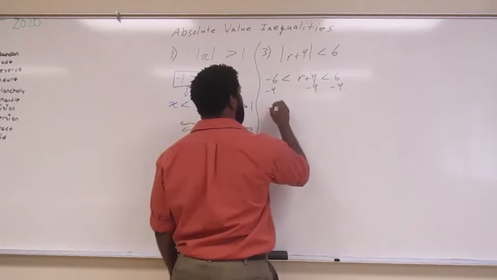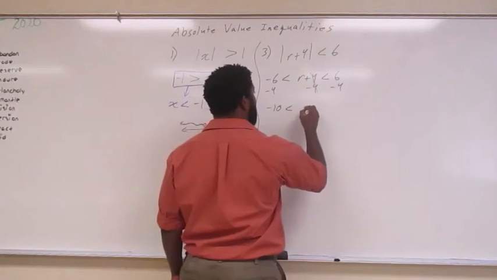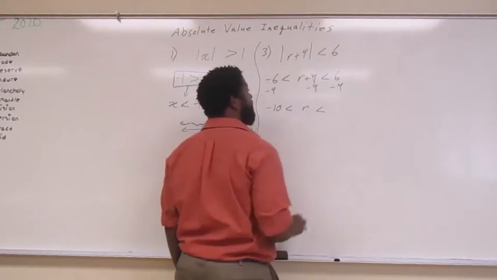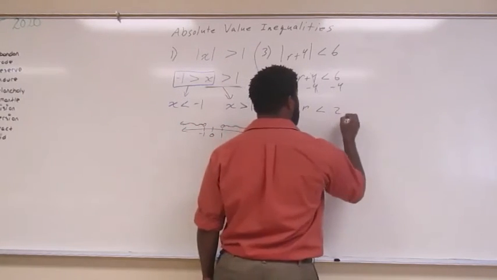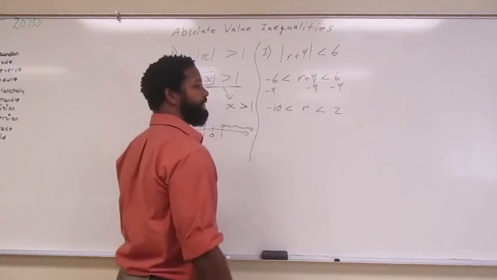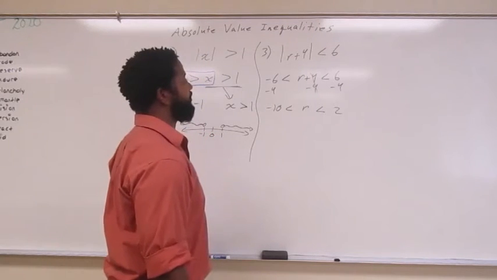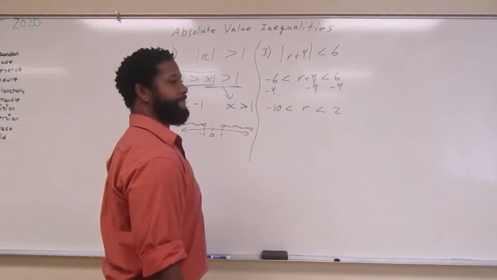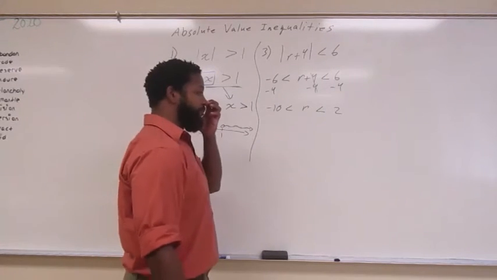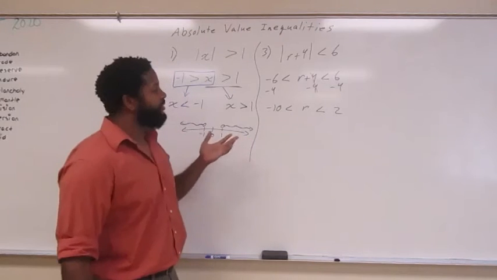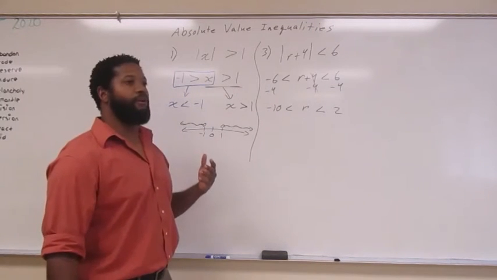Negative 10. Negative 10 is less than r, which is less than, what is 6 minus 4? 2. Good stuff? And I'm pretty sure y'all have seen this before.